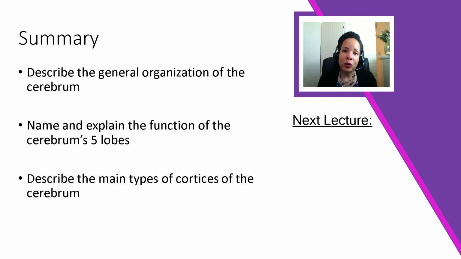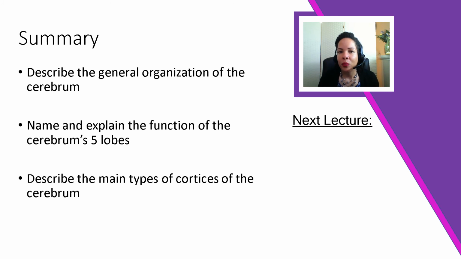It's the parietal lobe that helps you understand what the sensation means and helps you to associate that sensation with something that you've seen or experienced before.